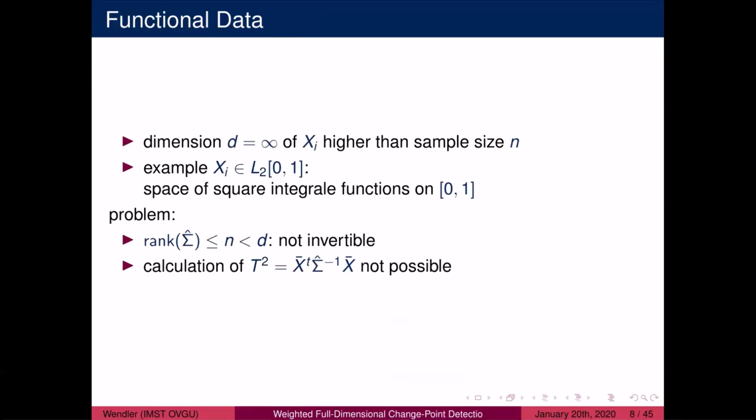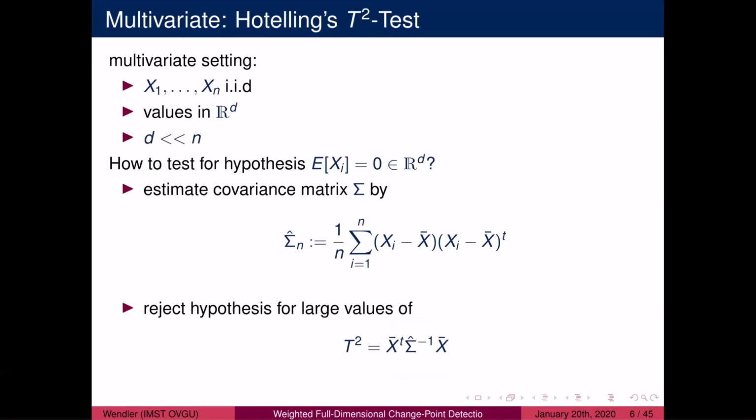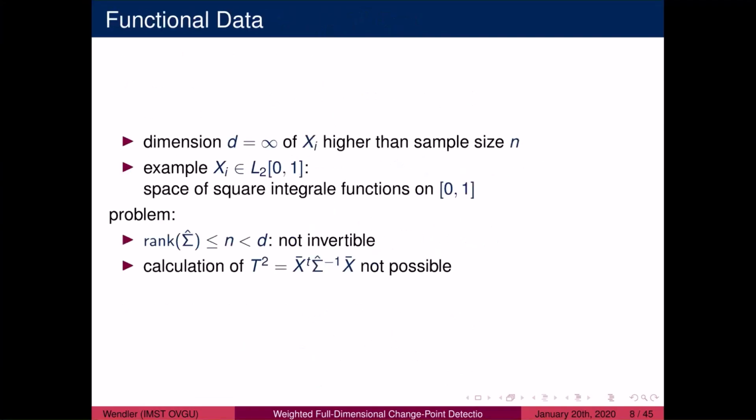So now functional data. As it turns out, the dimension is infinity. So infinity is always larger than your sample size, no matter how much data you have. The estimated covariance operator is a tensor product, but no matter: it is n vectors multiplied with another vector, so it's a sum of n rank-1 operators.